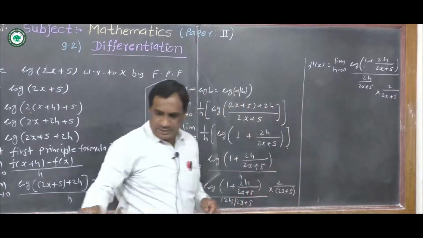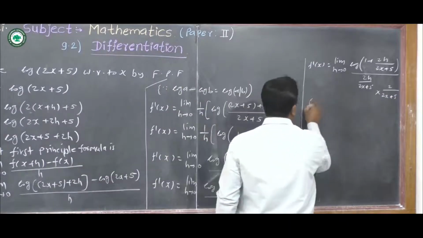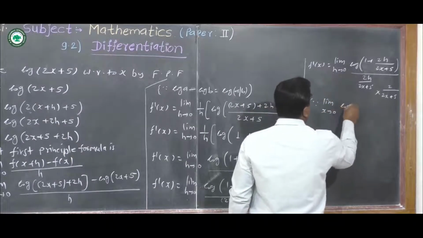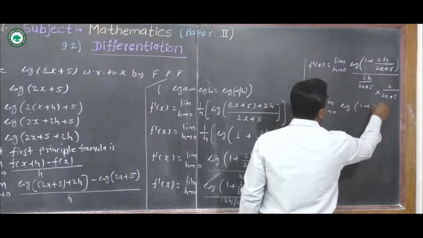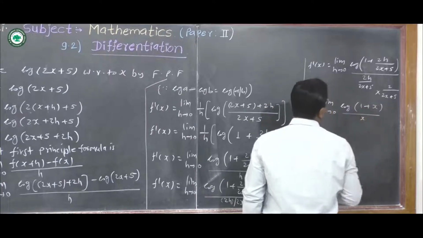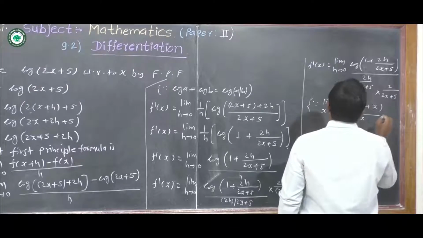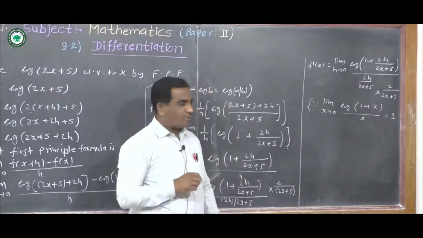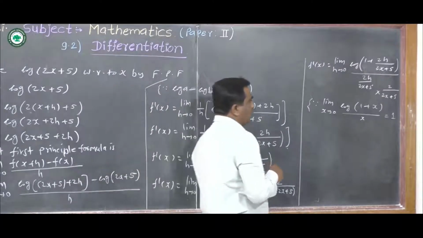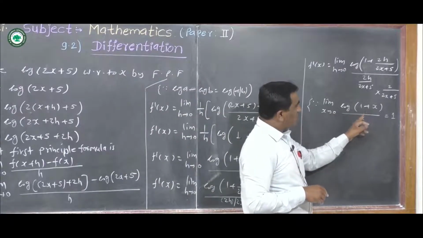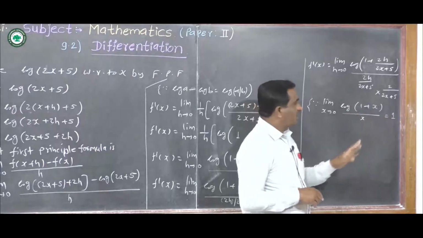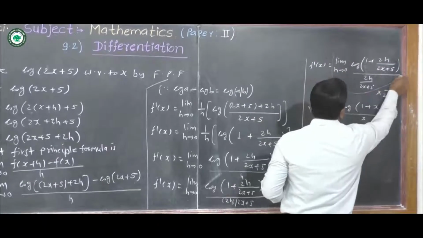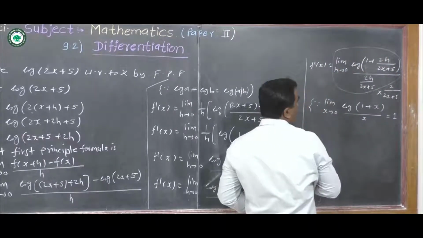But we know that formula here, since limit x tends to 0 log of 1 plus x upon x is equal to 1, or limit x tends to 0 log of 1 plus x raised to 1 by x is equal to 1. Therefore, we can write value of this whole term is equal to 1.